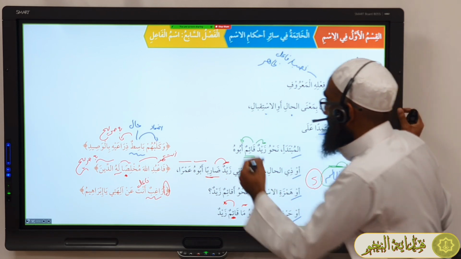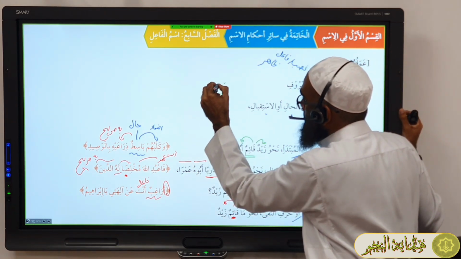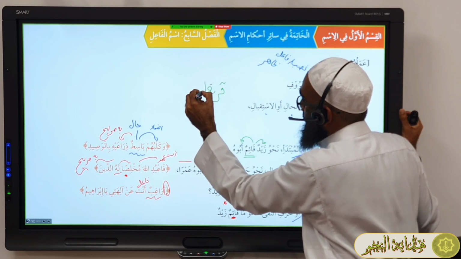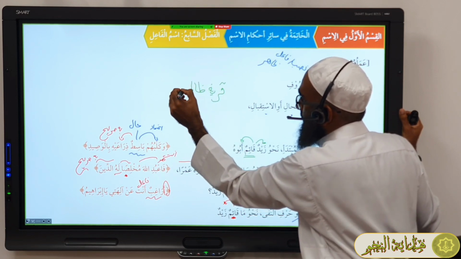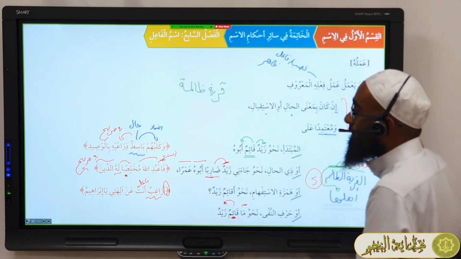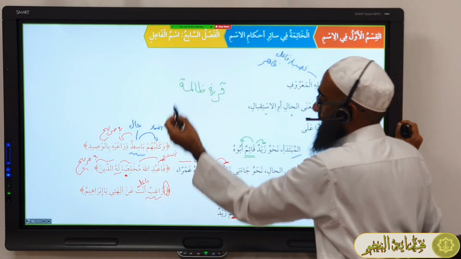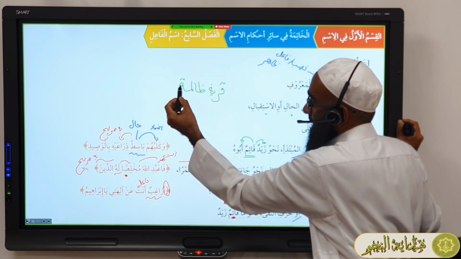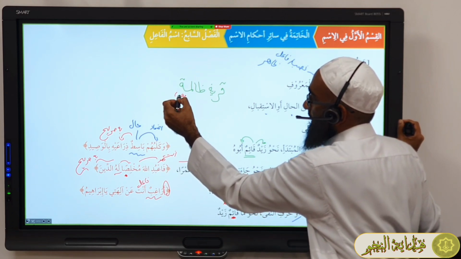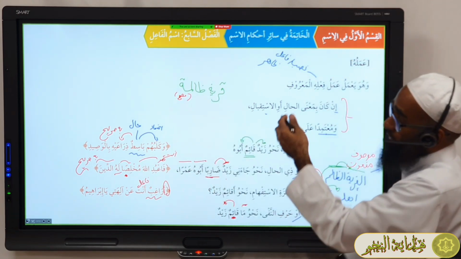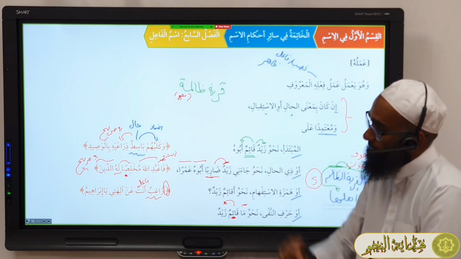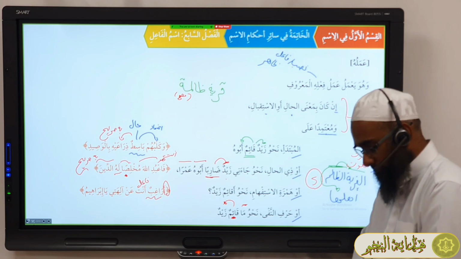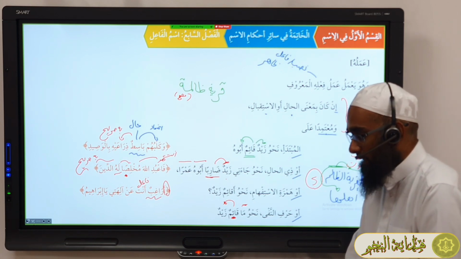And if we have, for example, qaryatun zalimatun, then in here there is no ism, the huwa will be inside. It'll give rafa to the zamir mustatir without any condition. Yes? Are you following? Okay?